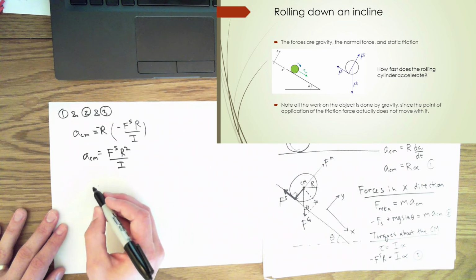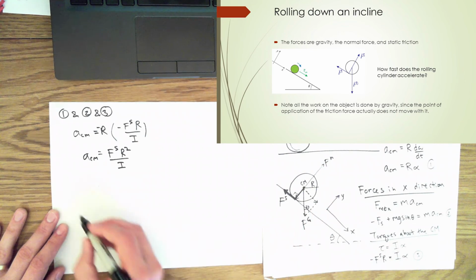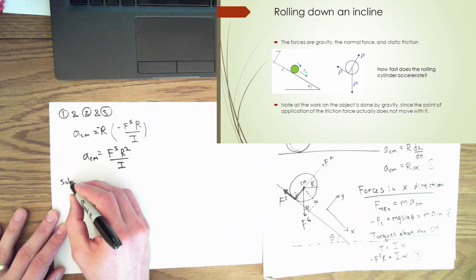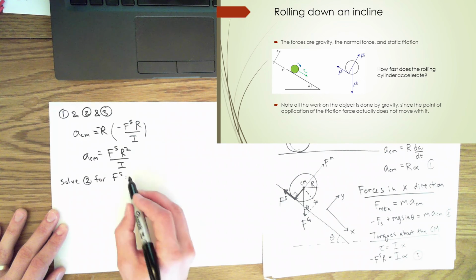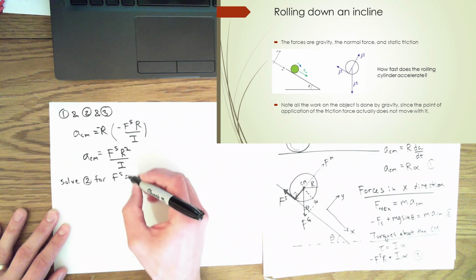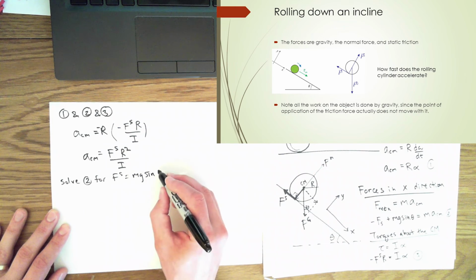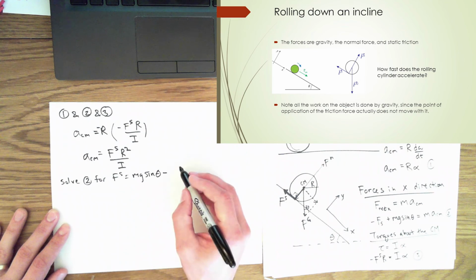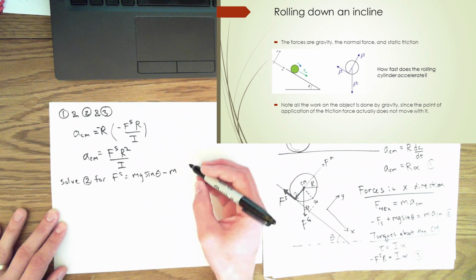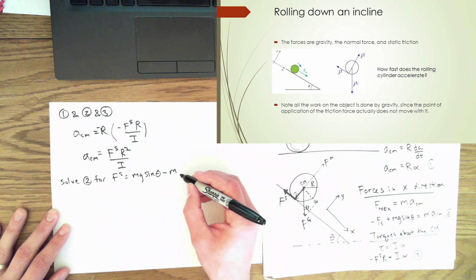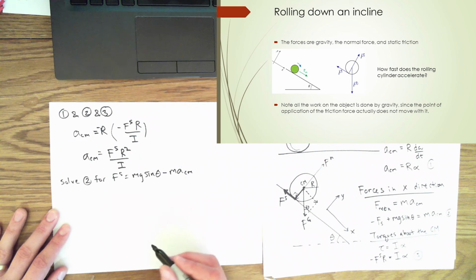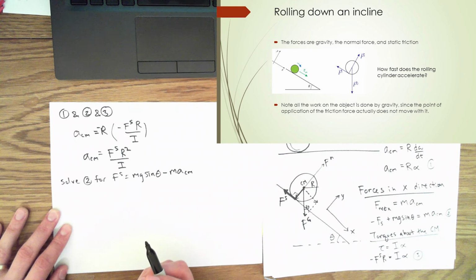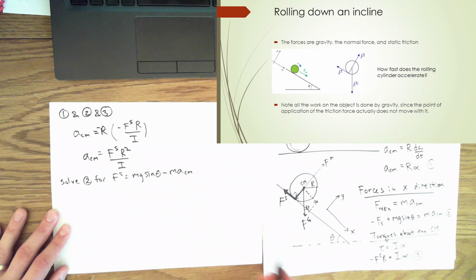Now we're going to plug in what we know. If we solve equation 2 for F_s, that gives us F_s equals mg sine theta minus m a_CM.